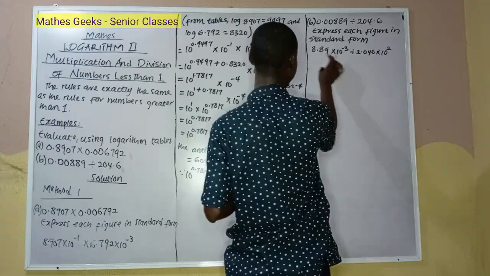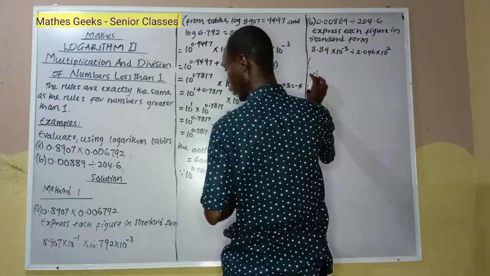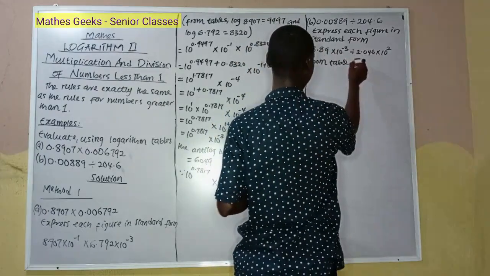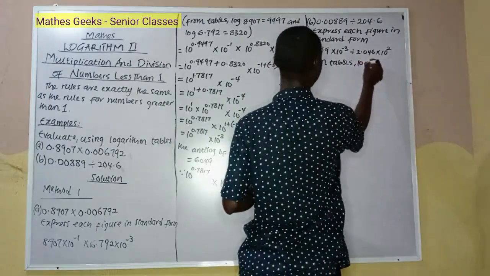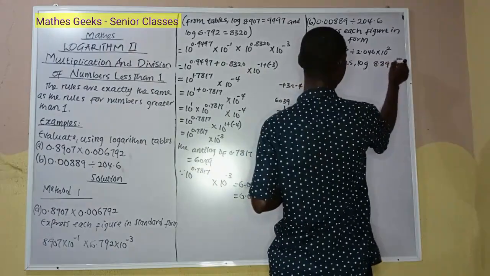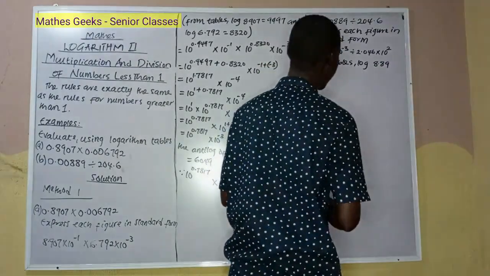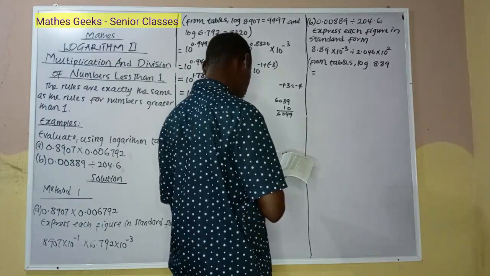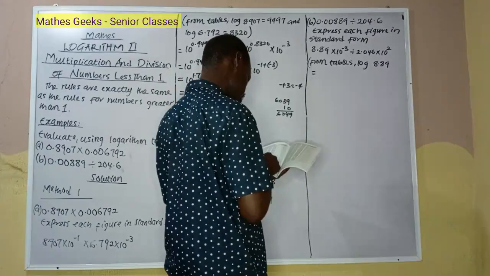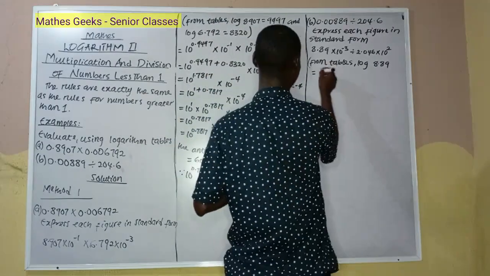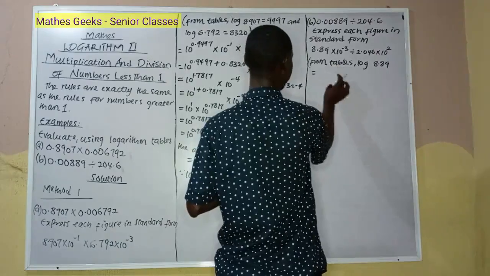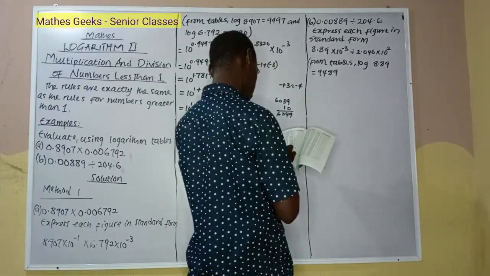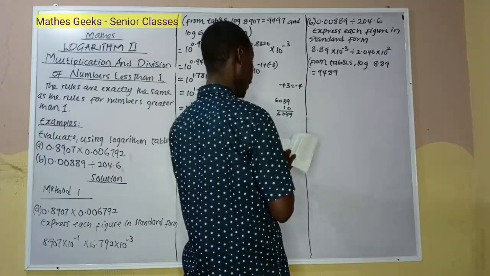Now get the log values of these from tables. Log 8.89 is equal to 88 under 9, 9489.